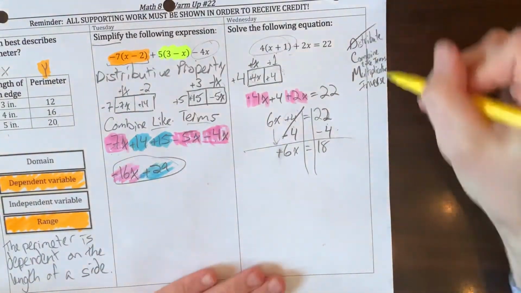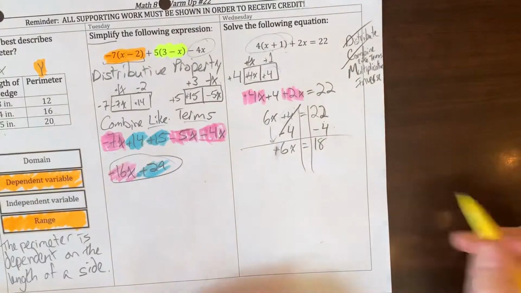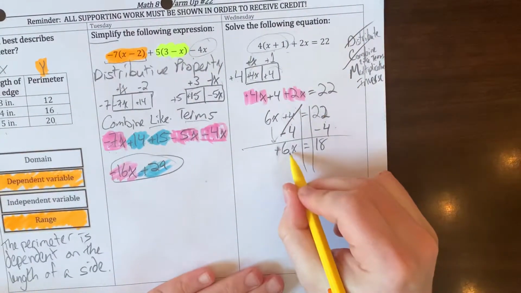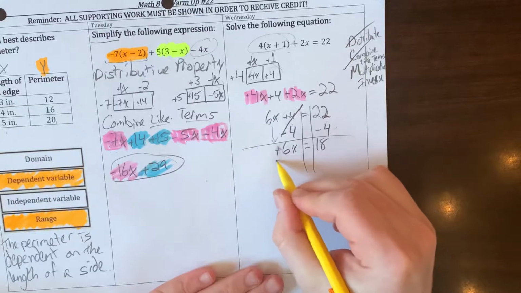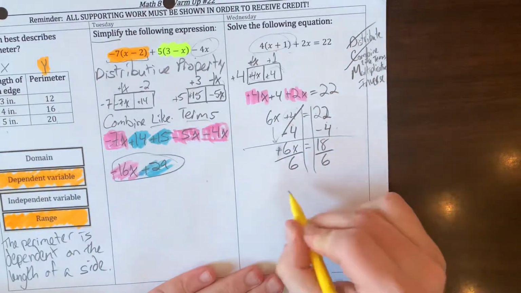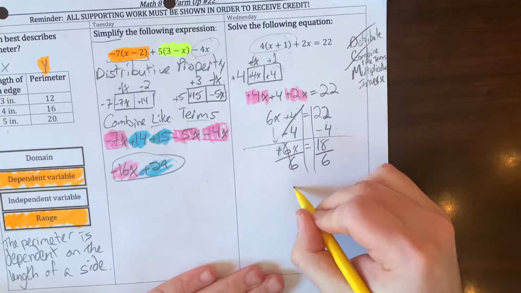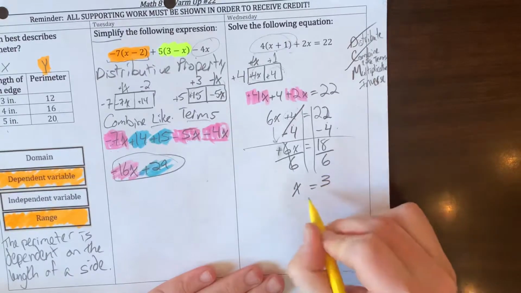So 1-step equation, because we have all of our variable terms on the left and all of our constants on the right. Make sure you can see that this means multiply. So since we have 6 times x, we want to do the inverse, which is divide both sides by the coefficient, which is 6. 6 divided by 6 is 1x. So I have 1x is equal to 3.